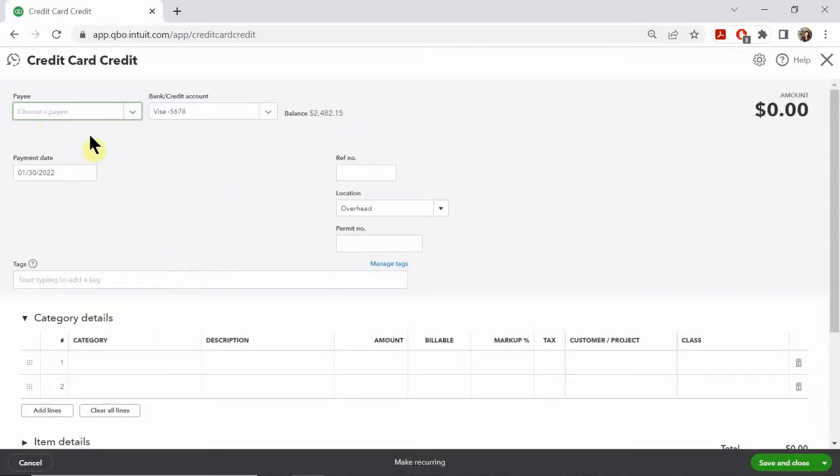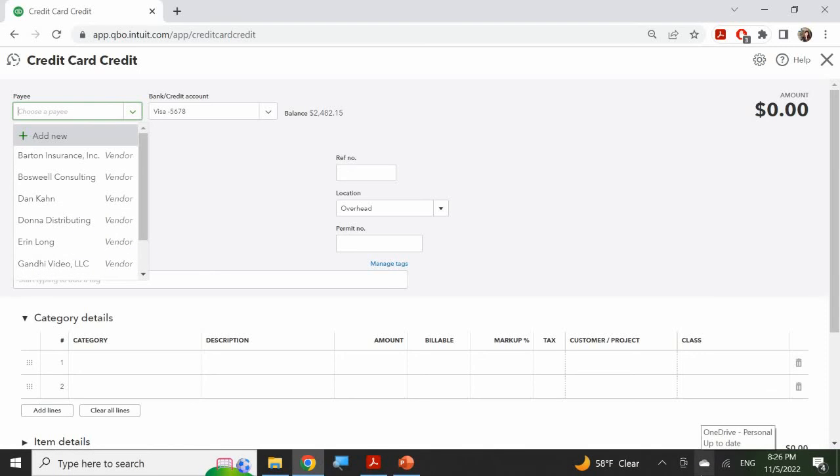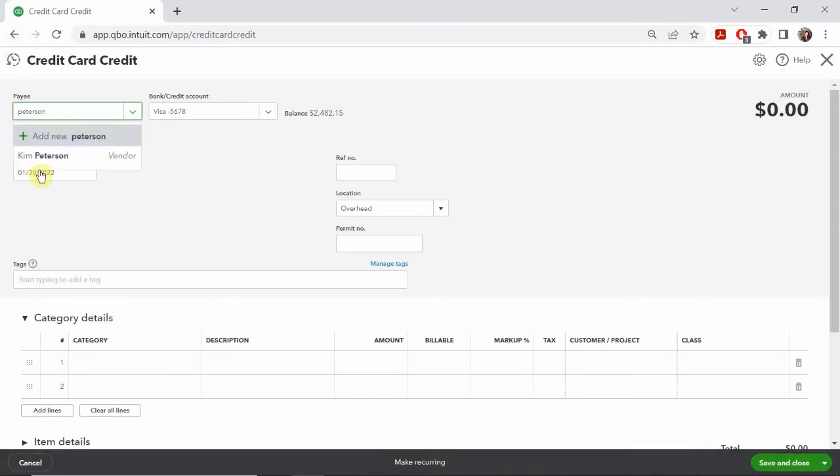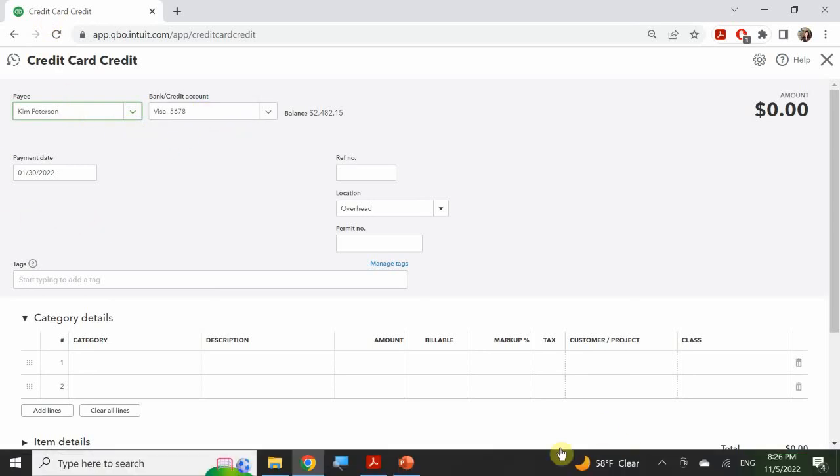So that's why I'm going to go ahead and click on credit card credit. What's going to happen here is you're going to be issuing from Peterson. So here you go, Kim Peterson, right? Because you used your credit card, it's going to go back to the credit card. And the date here, let's go back to it.